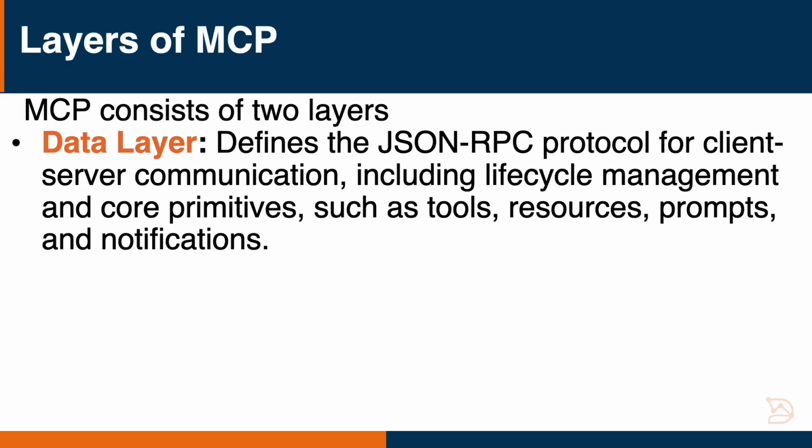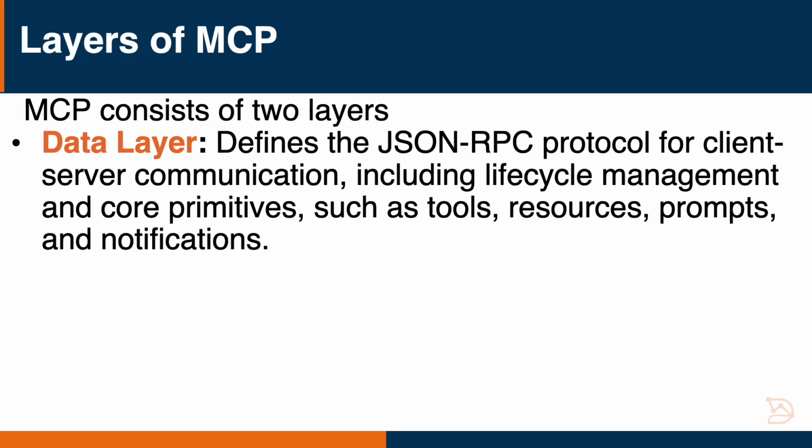Now, as I mentioned, MCP is more like the new API standard. We have two different layers. The data layer defines the JSON-RPC protocol for the client-server communication, which includes lifecycle management and core primitives such as the tools, the resources, and the prompts, because ideally, what MCP is giving you are multiple tools, multiple resources, prompts, and then notifications.